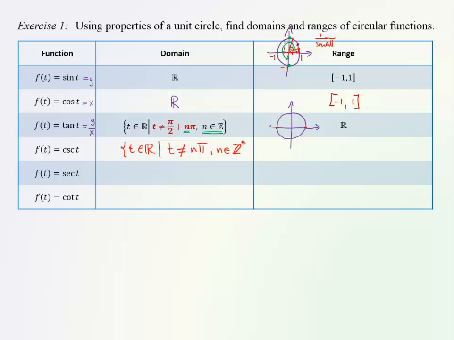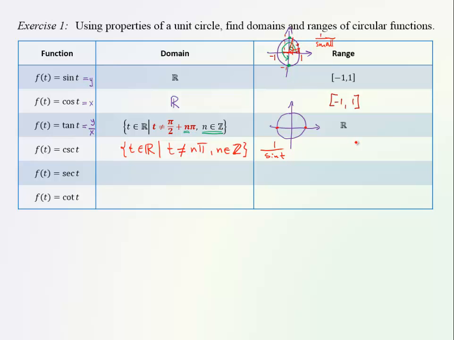Well, what about the range of cosecant? Since cosecant is really 1 over sine t, and sine has a range from -1 to 1, if the sine is very close to 0, we create a very large number. It can go up to infinity. But if the sine is approaching 1, then the reciprocal will be just 1. And we can't create something like 1/2 because then sine of t would have to be 2.